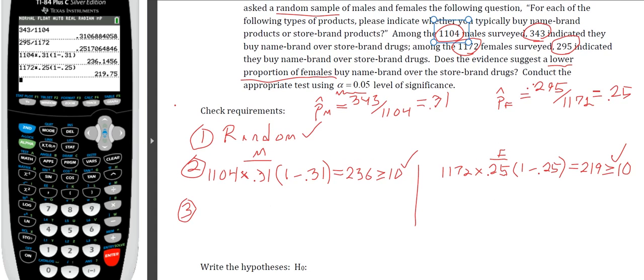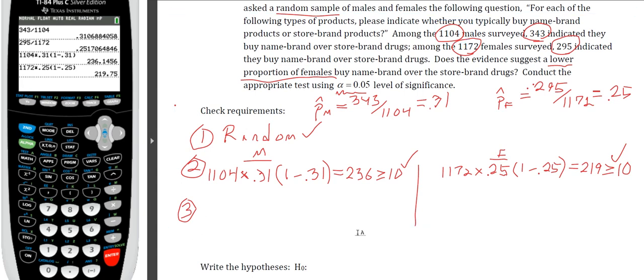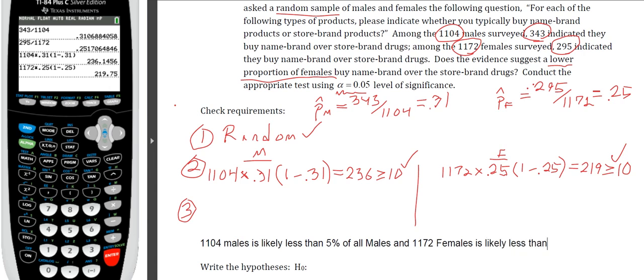So since it's so broad, we can very easily claim that 1,104 males is likely less than 5% of all males, and that also 1172 females is likely less than 5% of all females. All right. Some statement like that addresses both the sample size of men and also women.